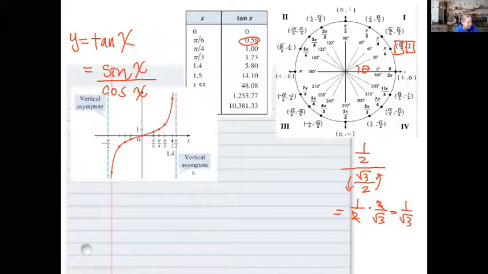And as you see, as it gets closer to pi over 2, it is supposed to increase infinitely. So in that case, very similar to the characteristics that we studied for exponential functions, we will have asymptotes around the tangent function.